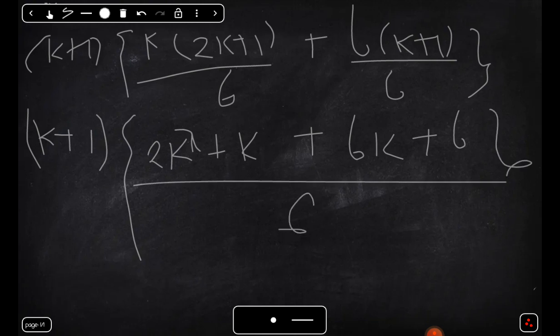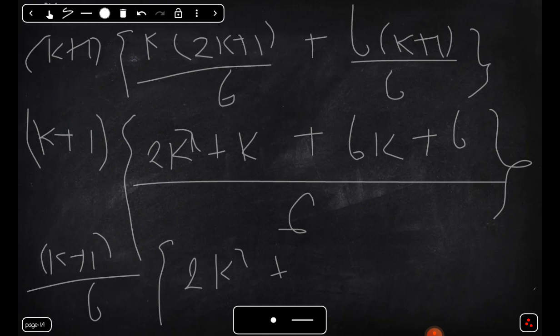All of them have the same denominator now. Next, we add up what is at the top, so that is k plus 1 over 6, and we can factor 6 out also, so that we have 2k squared plus 6k plus k, which is 7k plus 6. So we are at this point now.